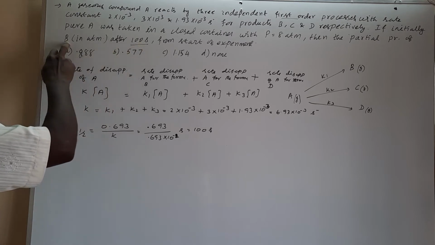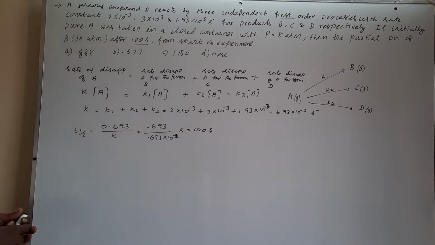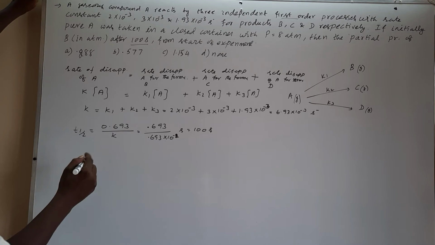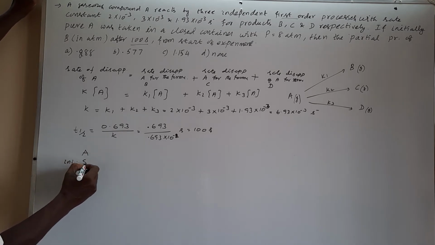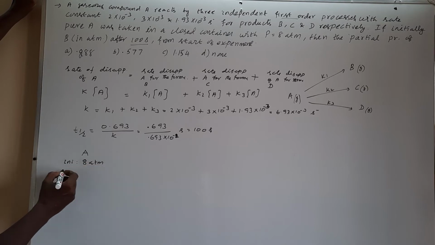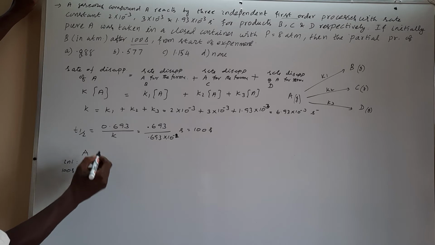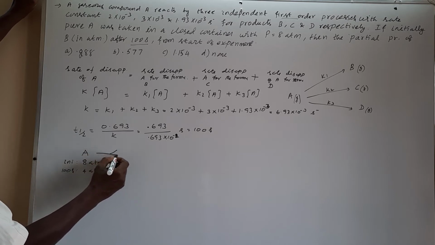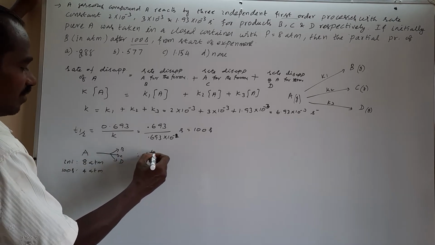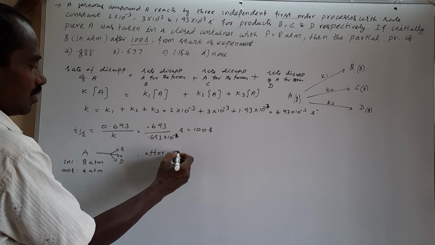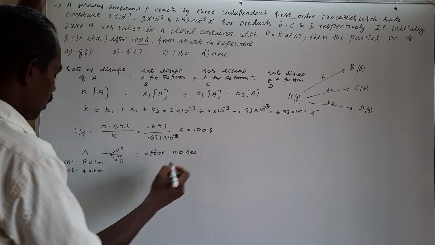So after one half-life period, what is the pressure of B, they are asking. The initial pressure of A is 8 atmosphere. After 100 second the pressure is 4 atmosphere, while it is converting into B, C, D. Therefore after 100 second, 4 atmosphere of A disappeared.